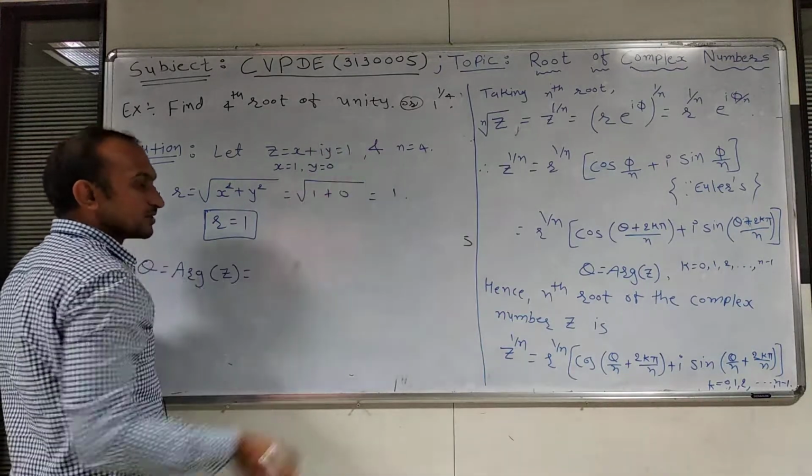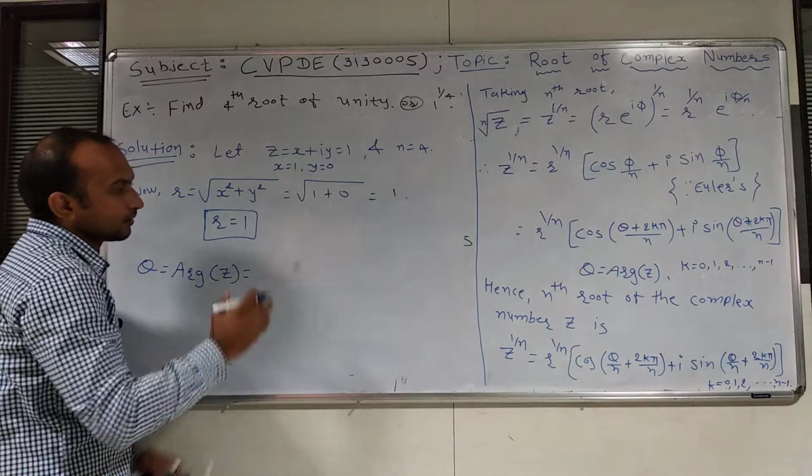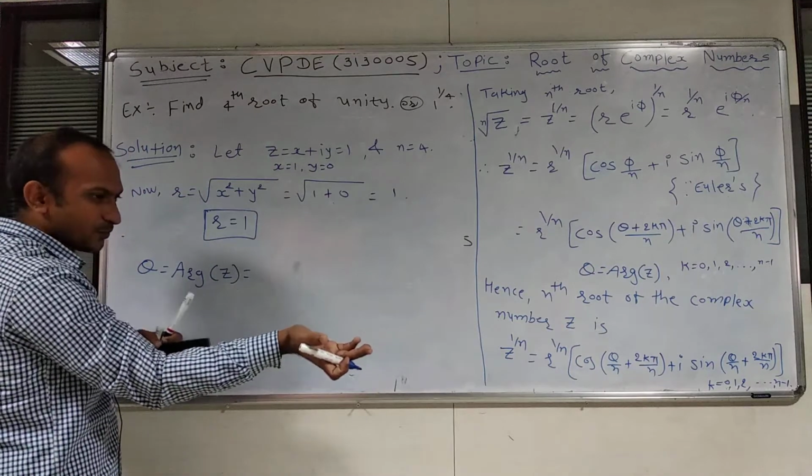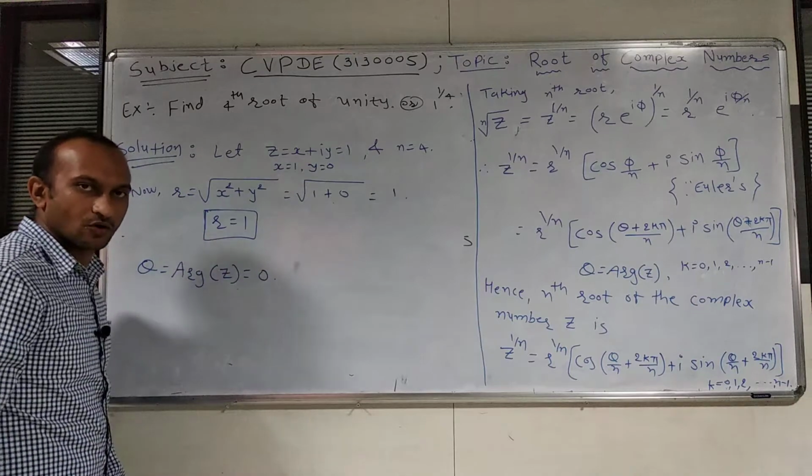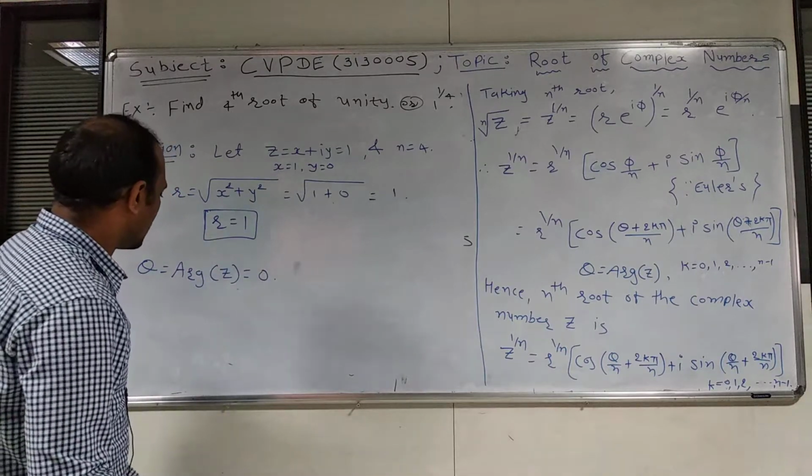Now theta, our principal argument of z: this number is on the positive x-axis, because 1 is on the positive x-axis, so we know that the angle is 0, from our previous lecture.